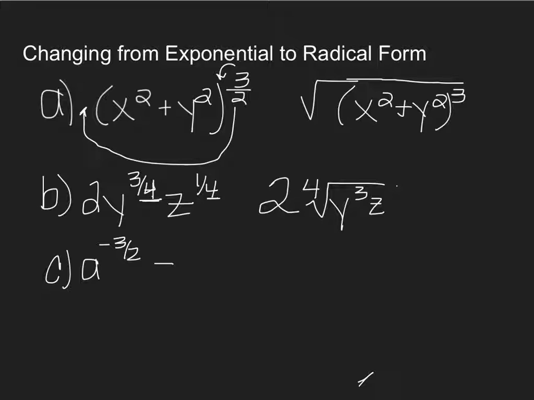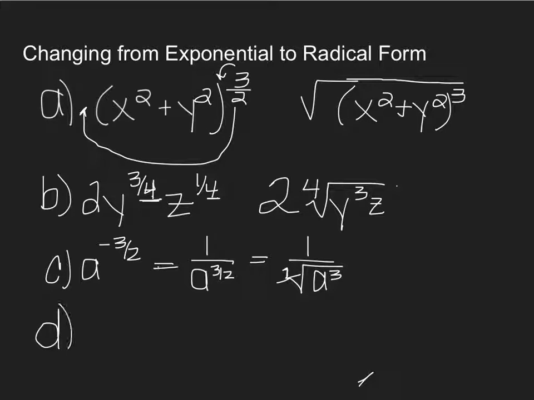Note that to make this a positive exponent, it becomes 1 over a to the 3/2 power, which becomes 1 over the square root of a cubed. At this point, this is our answer. We've gotten from exponential form to radical form. We don't need to worry about simplifying this answer at this time.